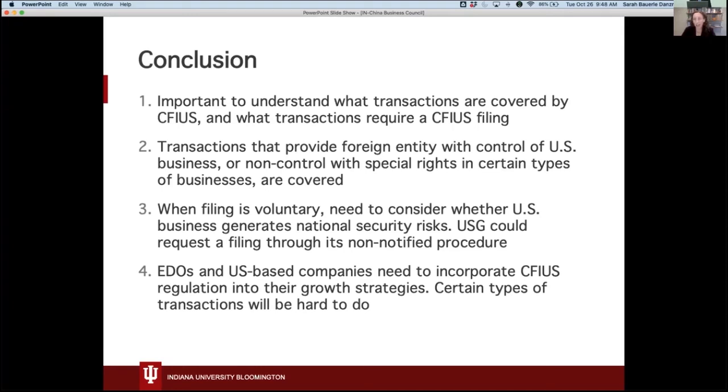So firms are making decisions about whether they think that their transaction might have national security implications, and really only filing if they think that the government might be concerned about it, because they don't want to have a post-closing review, because then they might have to divest, and that is a terrible option, right? So in the past, we've seen more focus on critical infrastructure. That will continue, but critical technology and sensitive personal data companies are definitely becoming a larger portion of investments that are being reviewed.